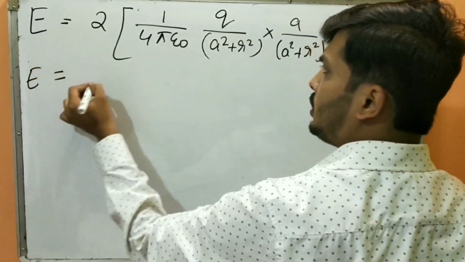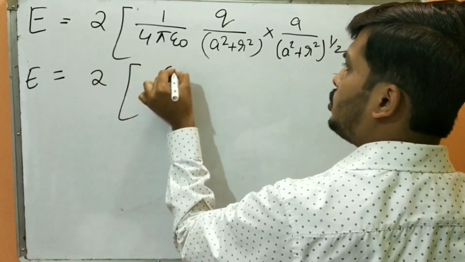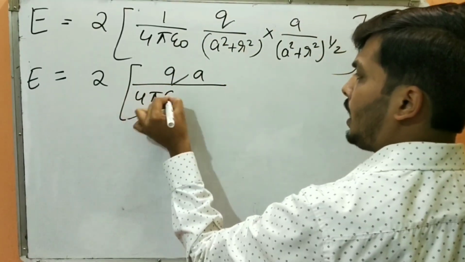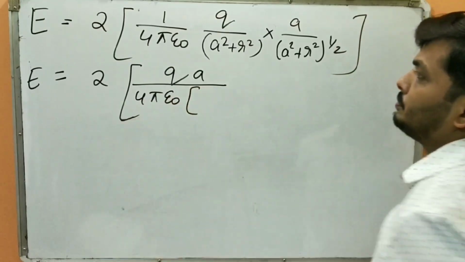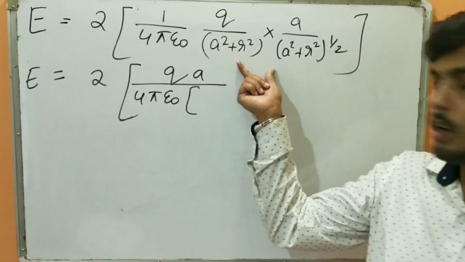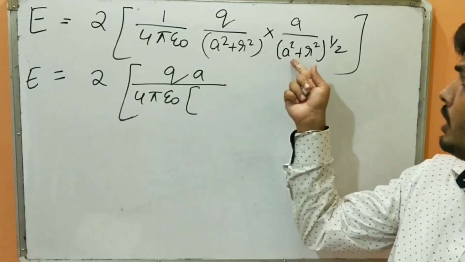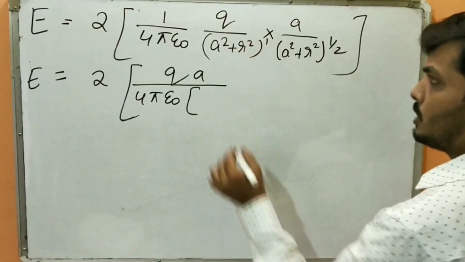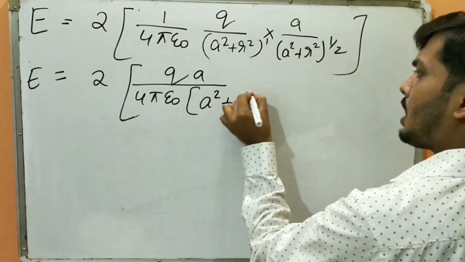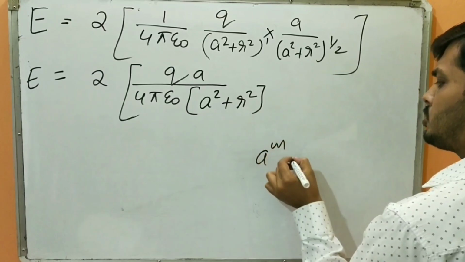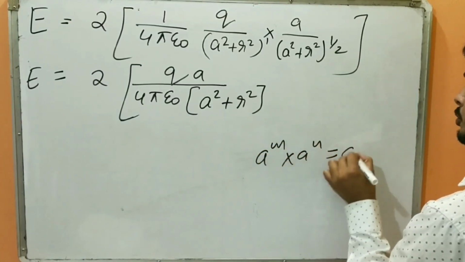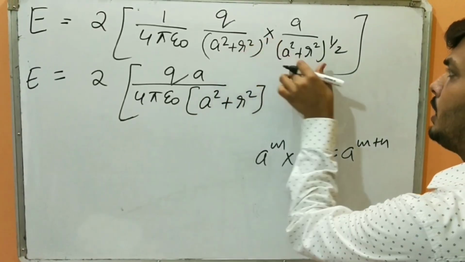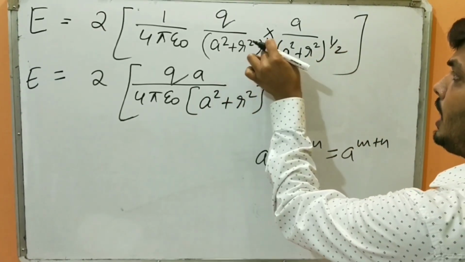E equals, now go on reducing it, 2 times Q a, I'll multiply this, 2Qa over 4 pi epsilon naught. Now use the law of indices. (a square plus r square) and (a square plus r square), so this is the form a to the power m into a to the power n, which will be a to the power m plus n.